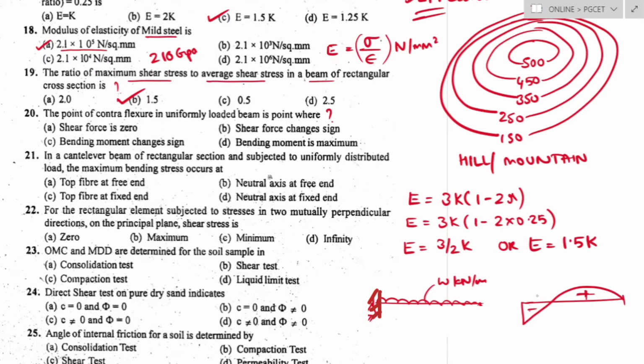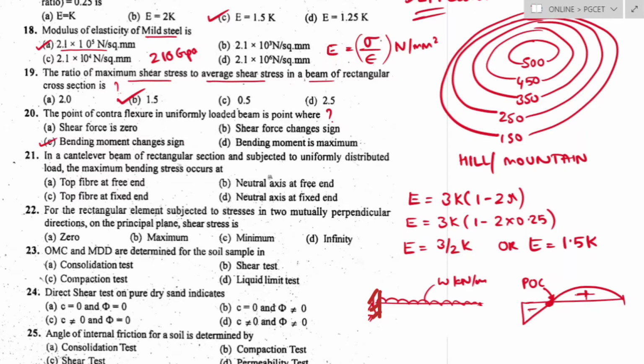Now you can observe here, this is the point of counterflexure where the bending moment changes from positive to negative. So the right answer is option C. Bending moment changes its sign. That is the point of counterflexure.